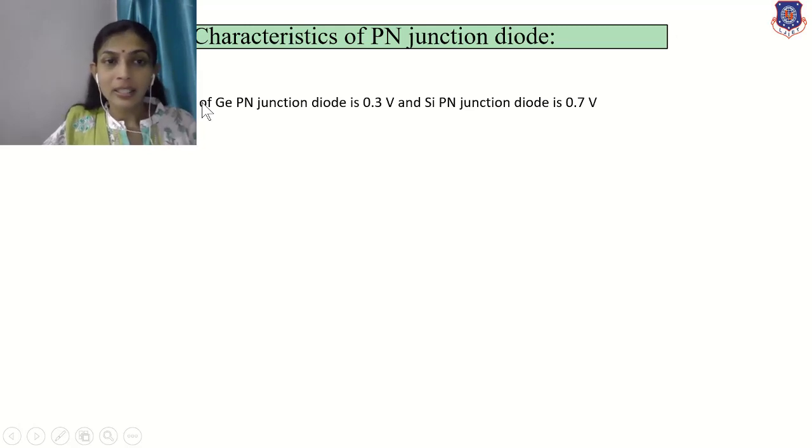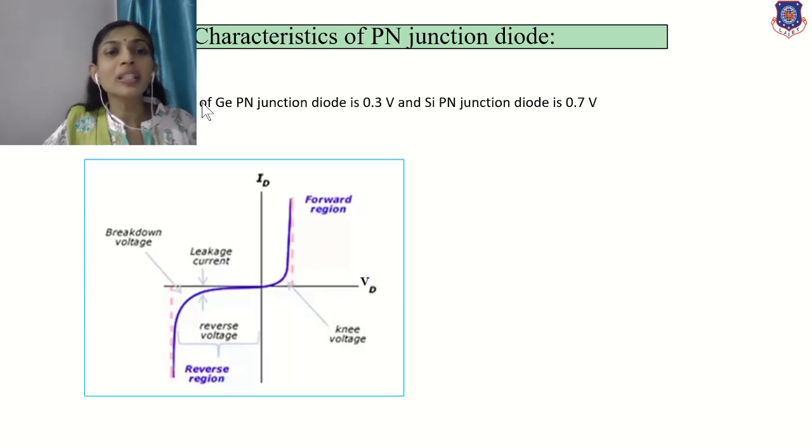Let's see this with the help of sketches and diagrams of the VI characteristic. This is the diode voltage axis and this is the diode current axis, V versus I. The first quadrant is the forward region, and the second quadrant is the reverse voltage and reverse region. This is the forward region and this is the reverse region.